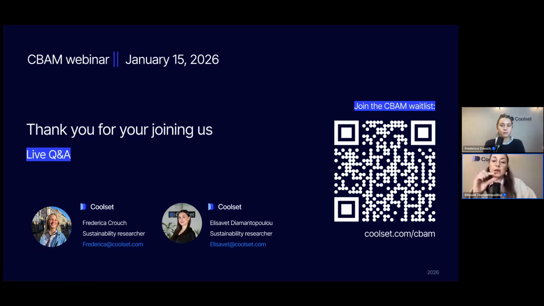There is this orange button that says CBAM guidance and documents, very close to the beginning of the page. If you click on that, there is a huge list of documents that were uploaded at the end of 2025. And one of these says annex to the default values. And that's where you can find it. But if not, please send us an email and we can send you the actual link.